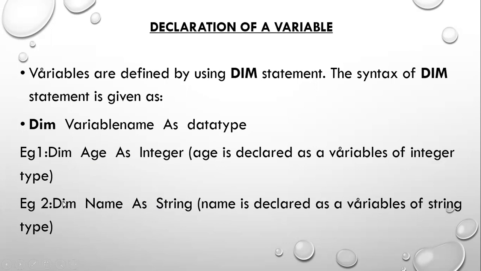Similarly, I can write dim, I can write a time here or a date as, and my data type, that can be date. So this is how you declare a variable, that is dim, variable name, as data type.